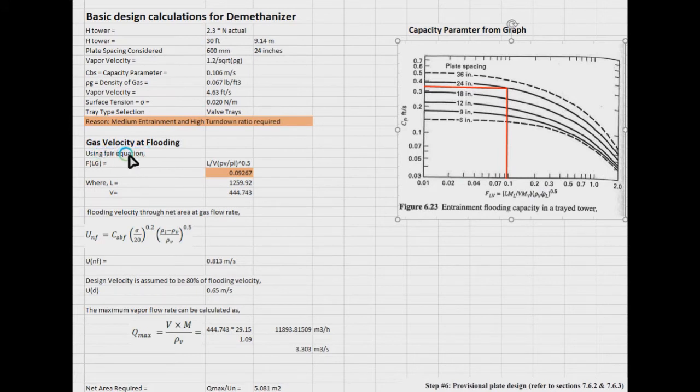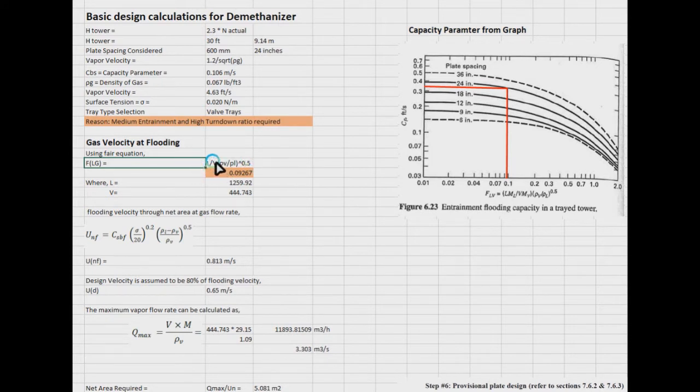There are more than one or two equations available in the literature, but it depends on the type of graph. I have used here the Fair equation from the Coulson and Richardson book of Chemical Engineering Volume 2, for calculating the FLV flow parameter using L over V. L is the liquid flow rate in kilomole per hour or kilomole per second, and V is the vapor flow rate in kilomole per hour or kilomole per second, whatever.